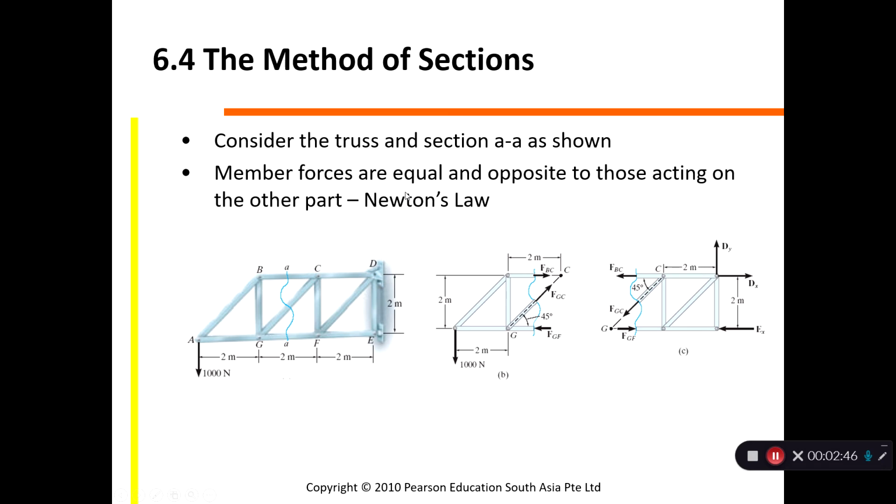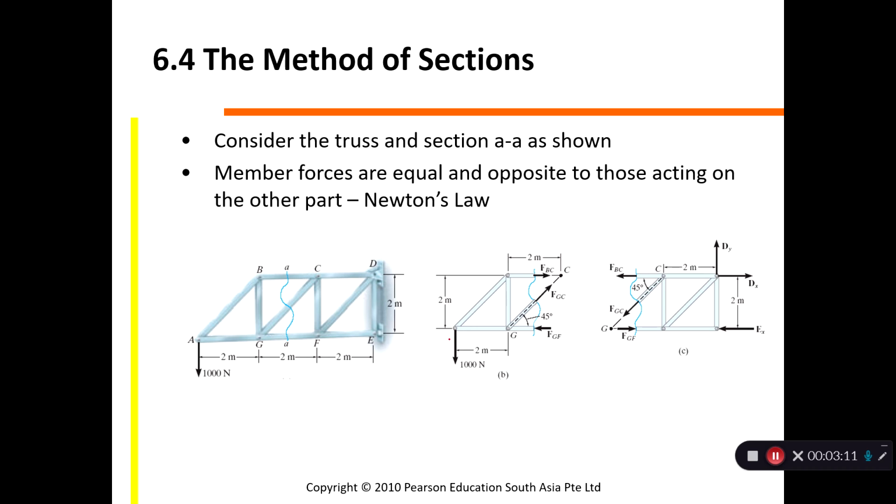Consider the truss shown here and the section AA. This AA is a section used to cut this truss. Member forces are equal and opposite to those acting on the other part. What that means is you have the left side here, ABG.